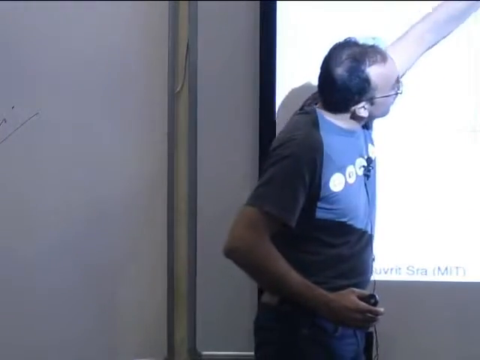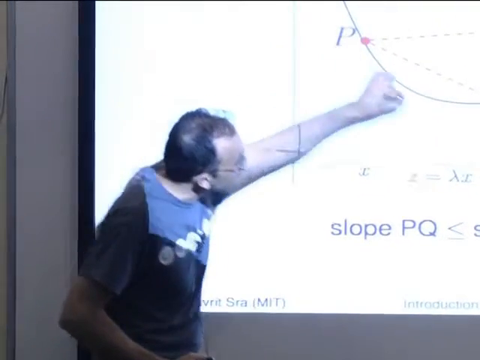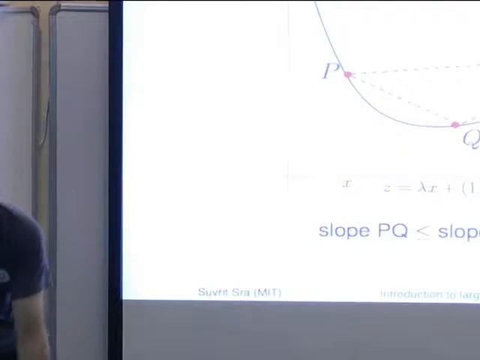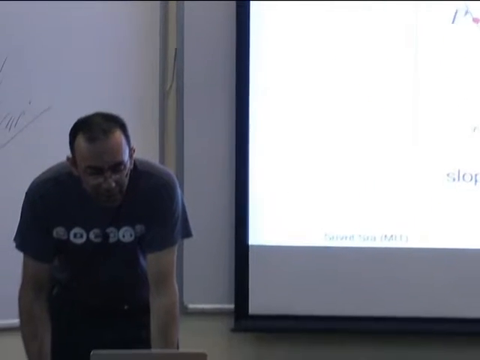So the slope here just monotonically increases as you move along this curve. So those are just three geometric views of convex functions. And monotonically increasing slope for differentiable functions is the same thing as second derivative being non-negative, right? So that's a standard well-known way to verify convexity. So this is just a picture of that.